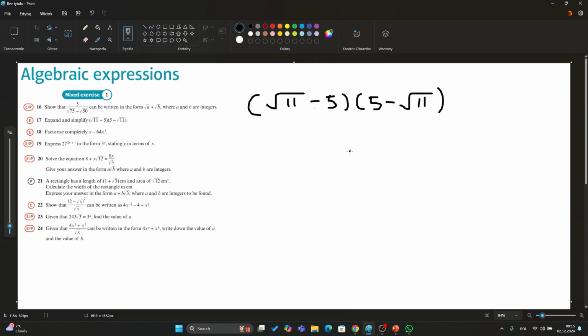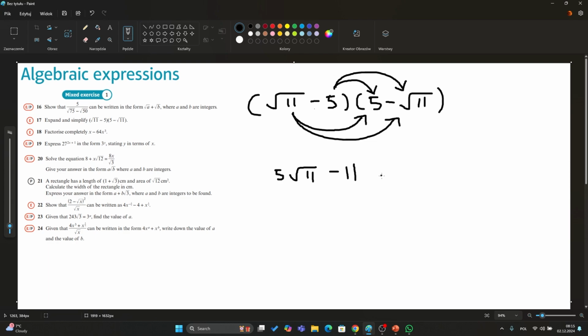Now we need to expand and simplify the following brackets. So we multiply square root of 11 by 5 minus square root of 11, and minus 5 by 5 minus square root of 11. So square root of 11 times 5 is 5 square root 11. Square root 11 times minus square root 11 is going to be minus 11.